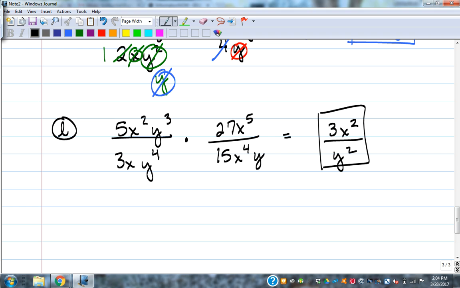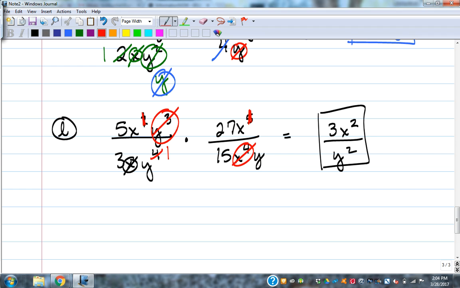So vertical first, x and x squared. This x cancels one of those, so that becomes x to the first power. And then this y to the third cancels three of those, so that's y to the first power on the bottom. And then across, over here, I got an x to the fourth and an x to the fifth. This guy cancels all but one of those.